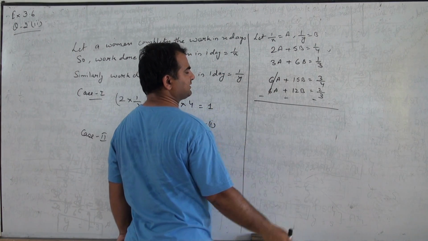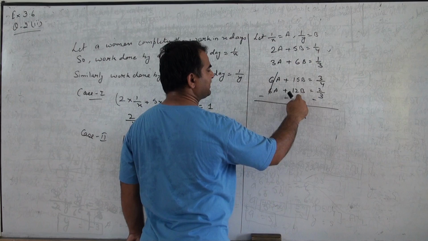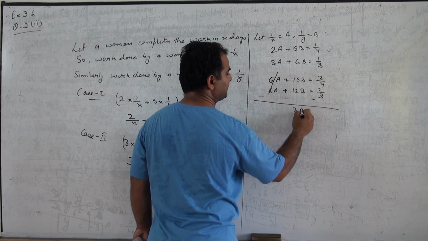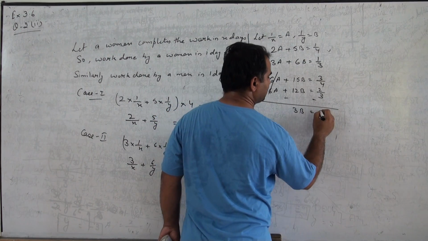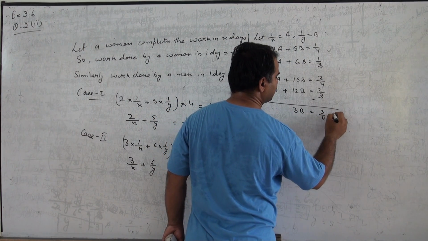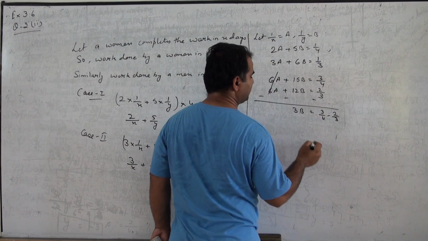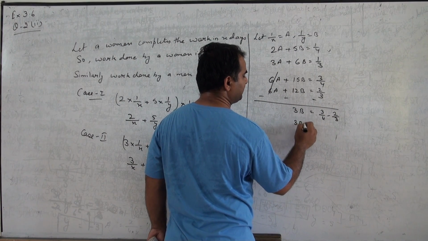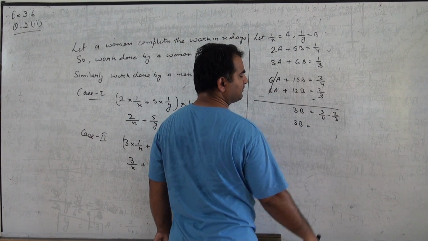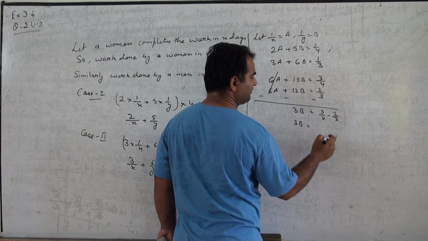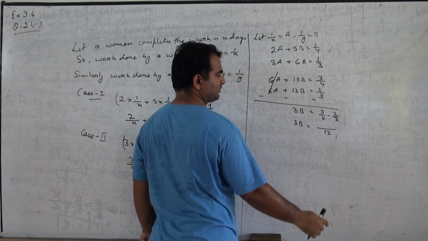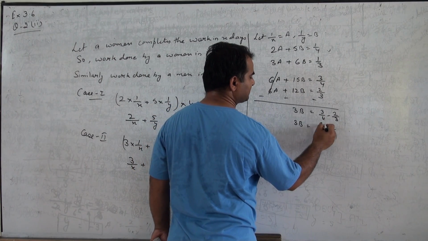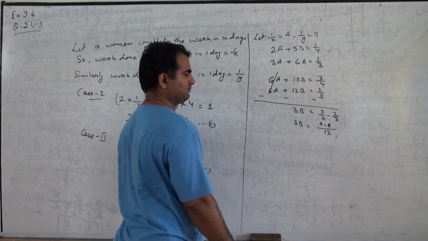What is 6a minus 6a? 0. 15b minus 12b is 3b. And what is 3 upon 4 minus 2 upon 3? We have to solve it out. So 3b equals 3 upon 4 minus 2 upon 3. We can take LCM. LCM of 4 and 3 is 12. It will be 9 minus 8.